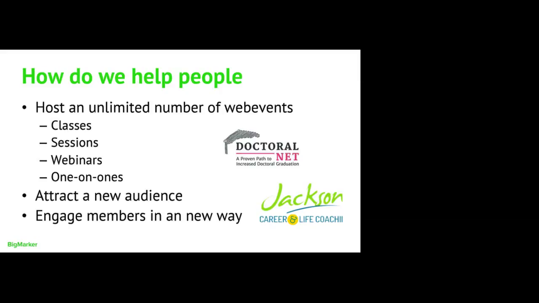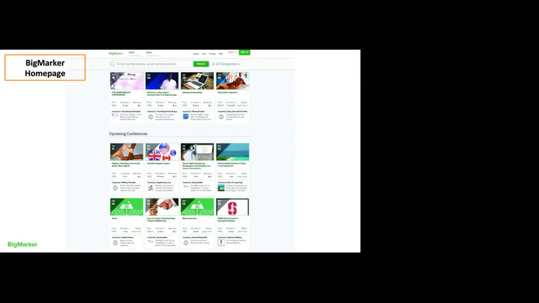And also, attracting a new audience. One of the cool things about BigMarker, and one of the things I really like, is our homepage and our find page give you, as the host or as the attendee, a way to find or promote your webinars. So this is what our homepage looks like. If we zoom in, we can see that at the top we have featured conferences, we have upcoming webinars and conferences as well.